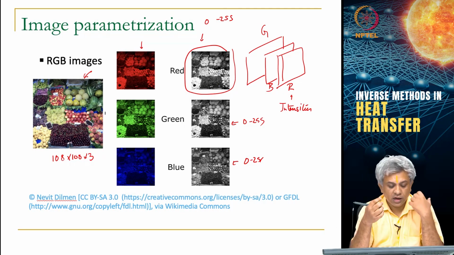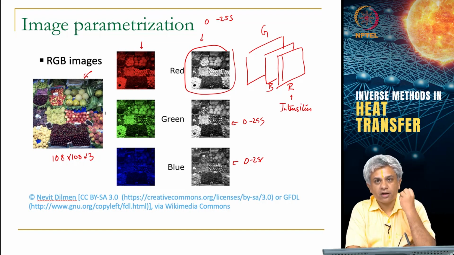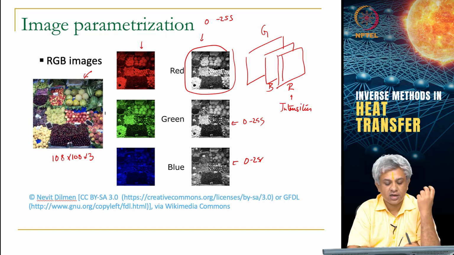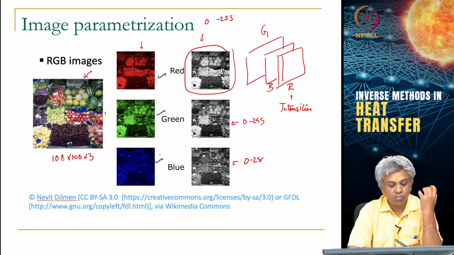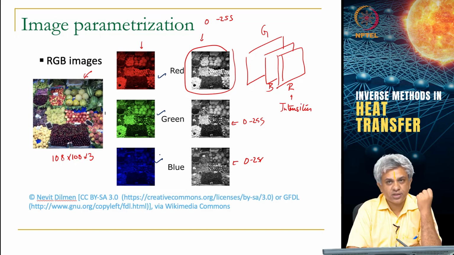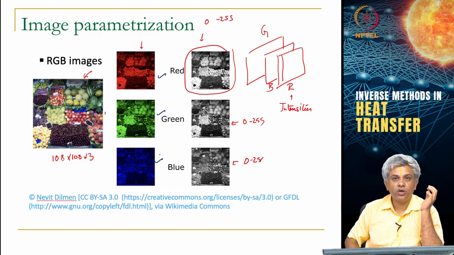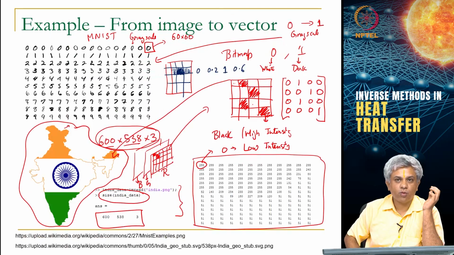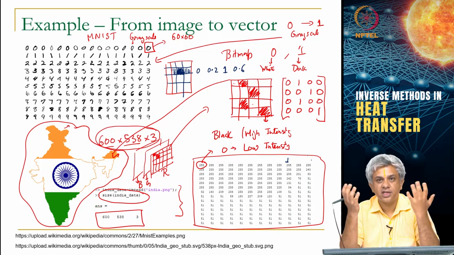Now, what happens in our eye, of course, is that when you see an image, it combines these 3 intensities, the red intensity, the green intensity and the blue intensity, and we get a composite color. But as far as the machine is concerned, it sees only numbers like the ones that I showed here. When I look at these numbers, I can't see an image.